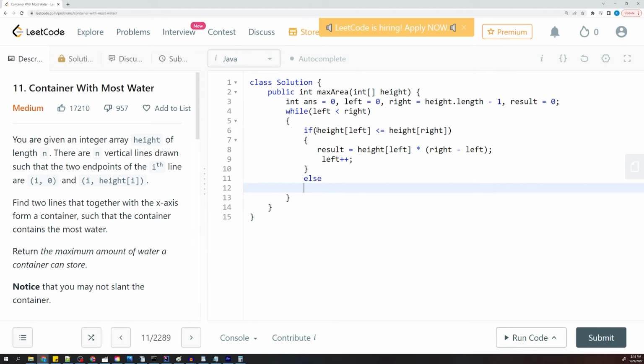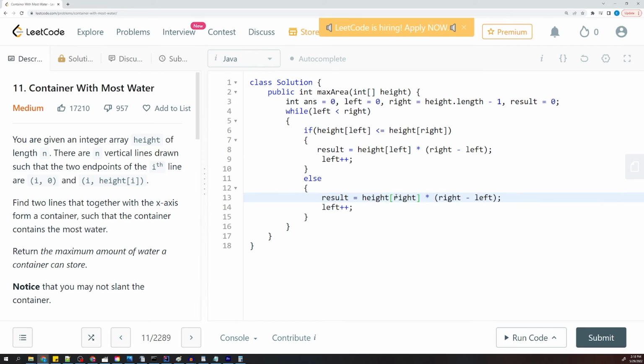Else, we're going to copy this, and this is going to be height at right, because right would be the smaller one in this case. And we're going to say right minus minus. Then, after all this, we check the result that we calculated in this statement or this statement.